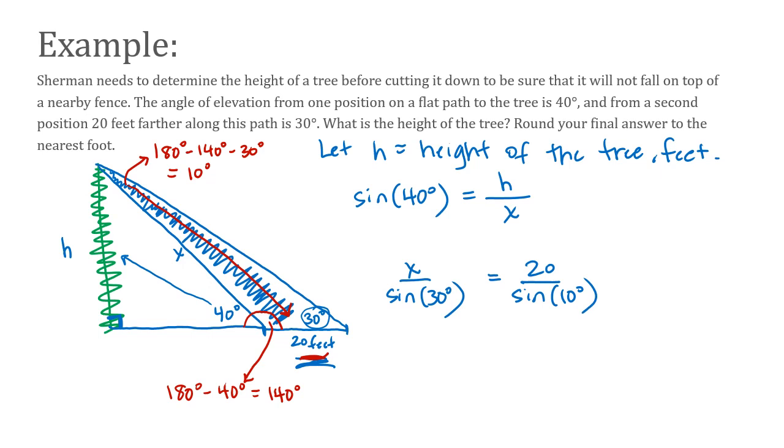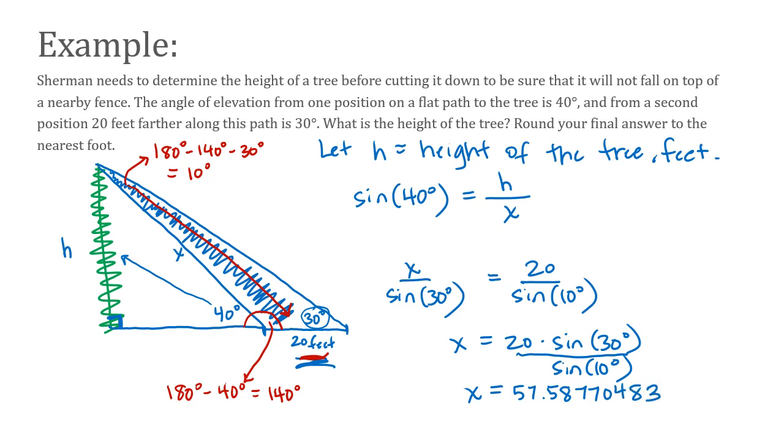I'm going to multiply each side by the sine of 30 degrees to get that x is equal to 20 times the sine of 30 degrees all over the sine of 10 degrees. When I put that into my calculator, I got that x is equal to 57.58770483. Now, that is not my final answer.